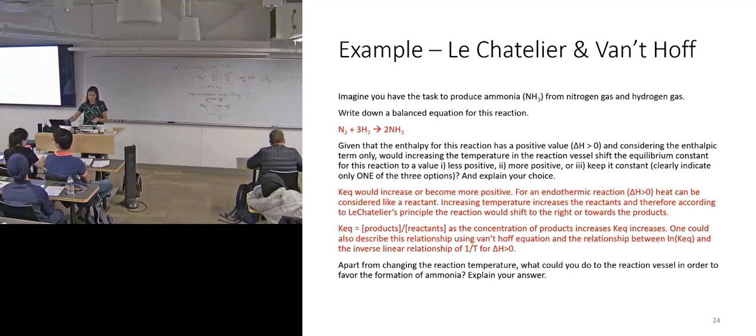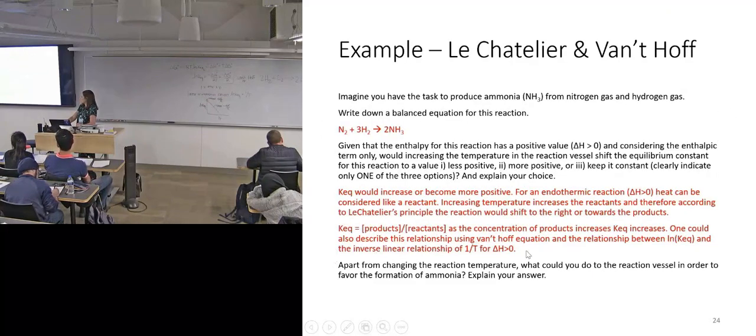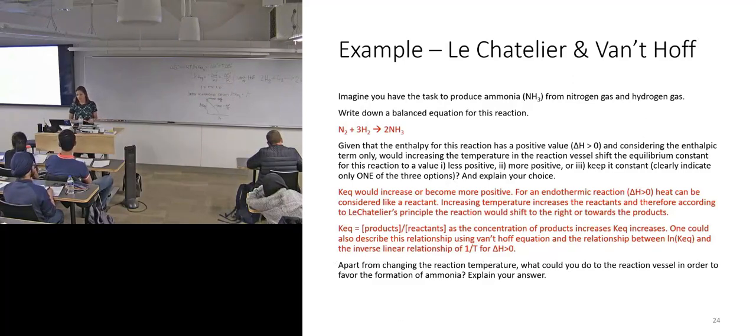So again, this is the verbatim answer key. Kaplan says if you increase temperature, it'll increase the reactants, and therefore, according to Le Chatelier, you'll shift right towards products. KEQ is products over reactants. So as you're shifting the concentration towards more products, KEQ is getting bigger. One could also describe this relationship using Van Hoff. It's natural log of KEQ and the inverse relationship of 1 over T. Makes KEQ get bigger when delta H is positive.